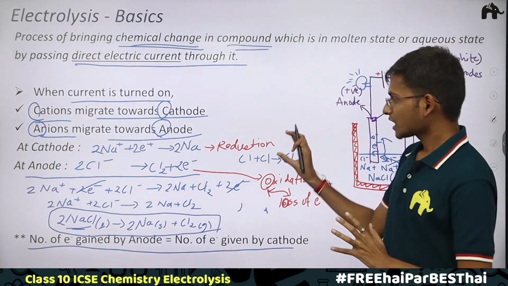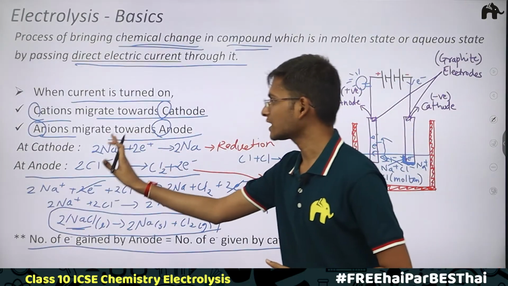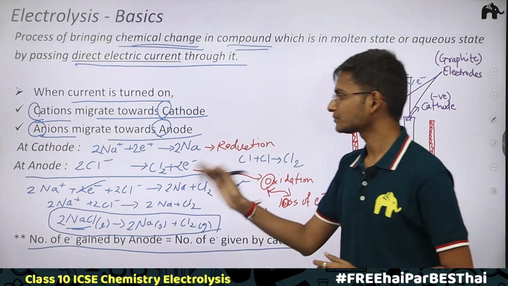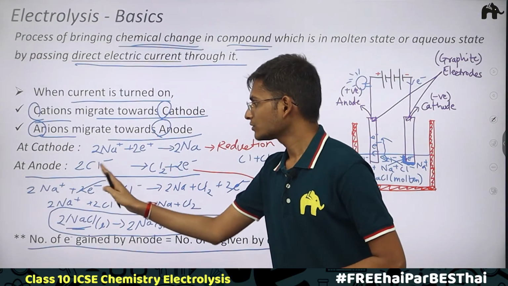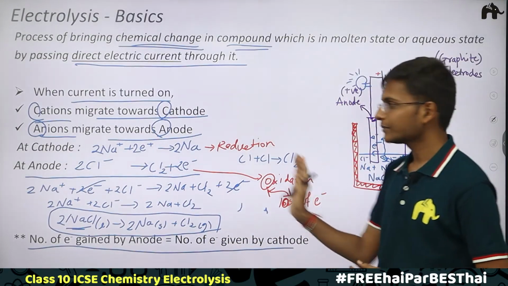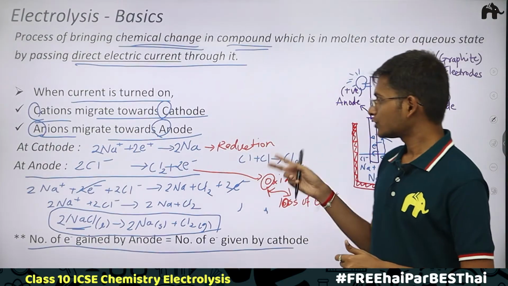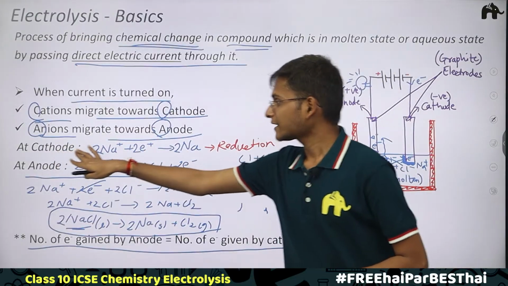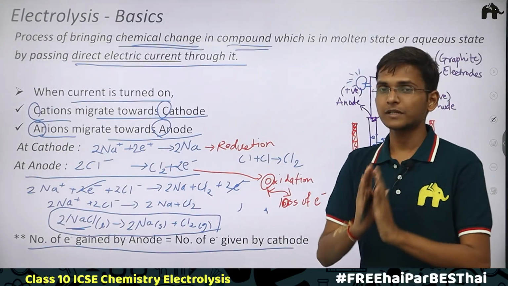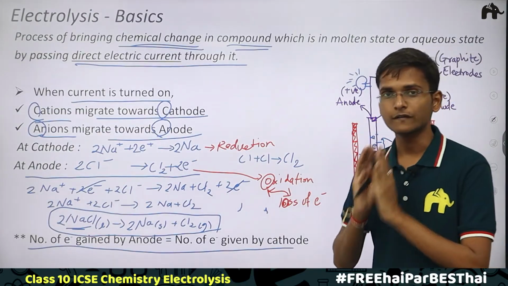Clear? Now coming back to this, at the cathode reduction is happening because electrons are gained by the ions in the process. At the anode, oxidation is taking place because ions are losing the electron. Clear? So you have to always remember that in electrolysis, at the cathode reduction always takes place, and at the anode oxidation always takes place.